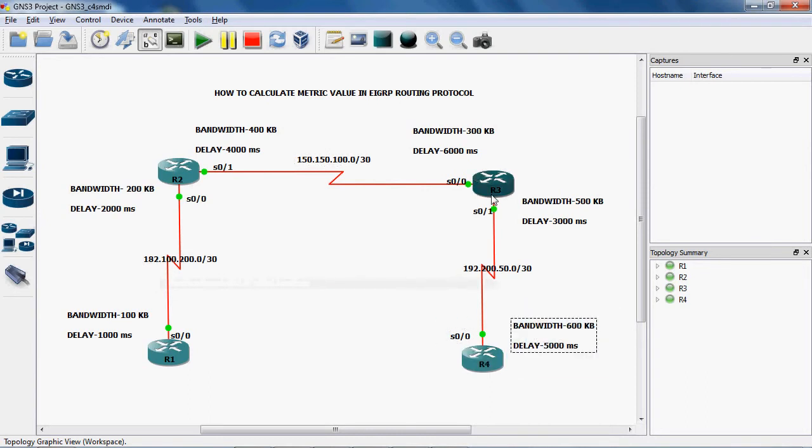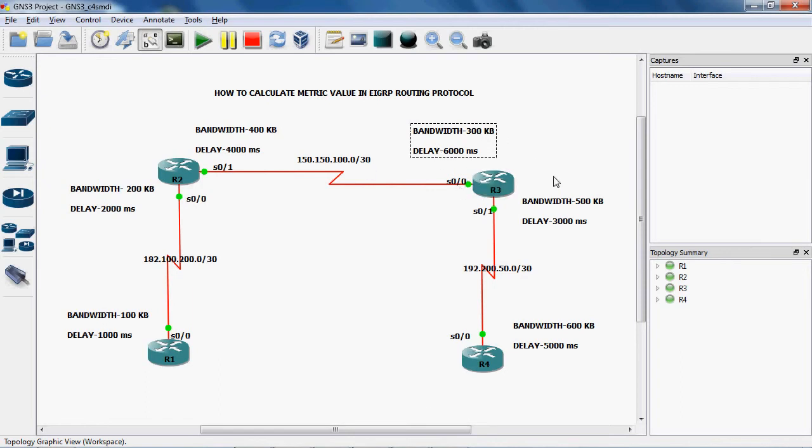Next, R3 router is connected to this network through serial 0/0, and in this port we assign the bandwidth and delay. Using these two we find the advertised distance and feasible distance. First, the advertised distance: we leave out the source bandwidth and delay, just take this one and apply the formula 256 into 10 power 7 divided by 300 plus 6000. We get the advertised distance.